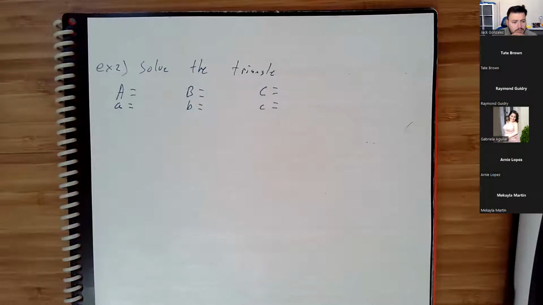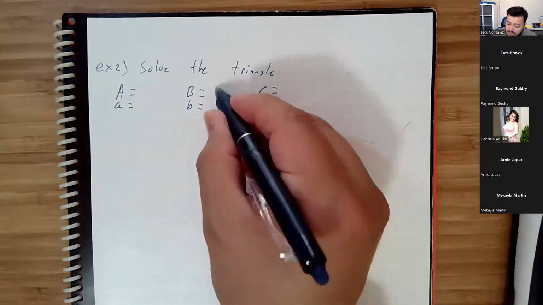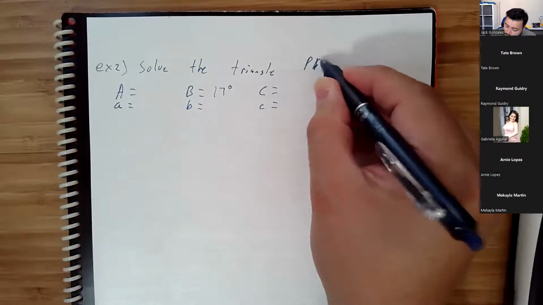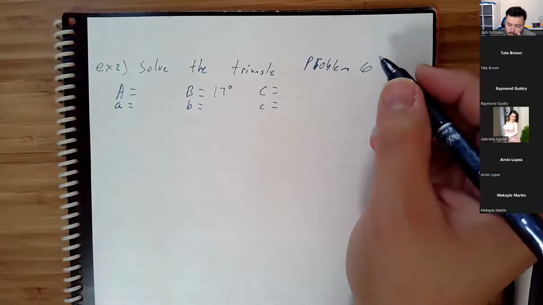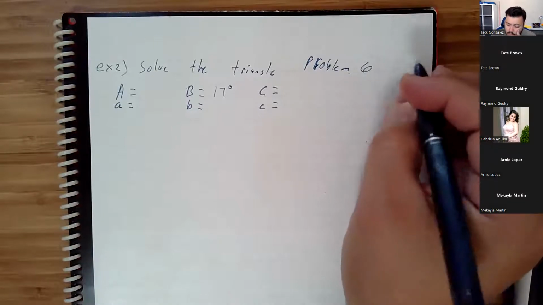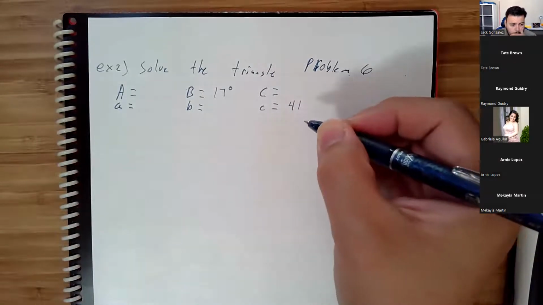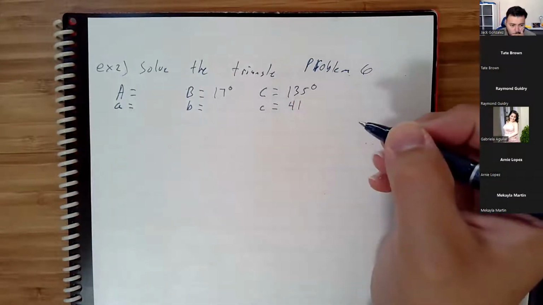Let's just do one more of those of this type. Okay, so B is 17 degrees. This is question 6. Nothing else is given.